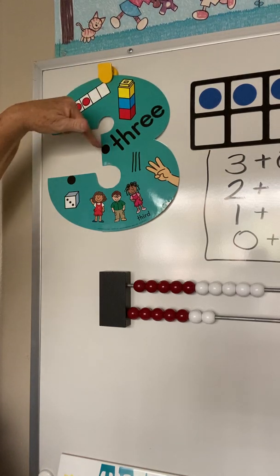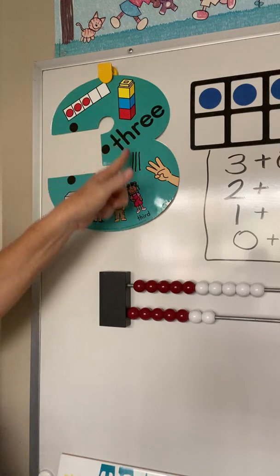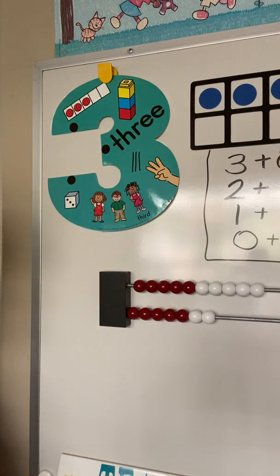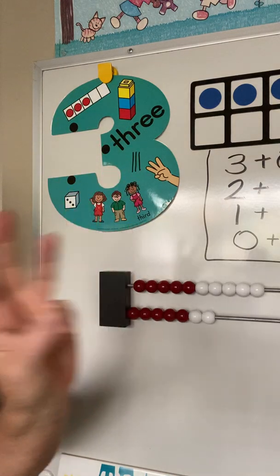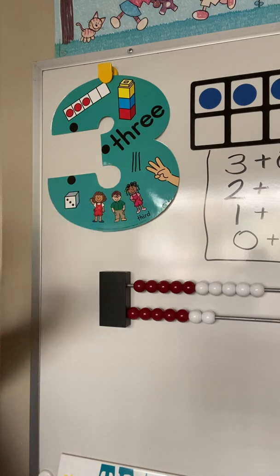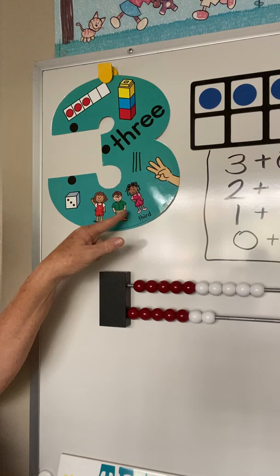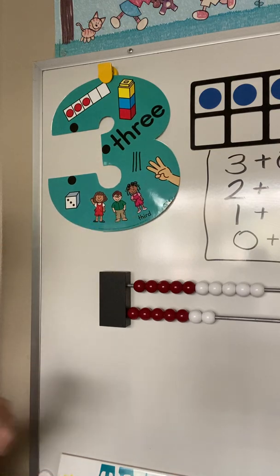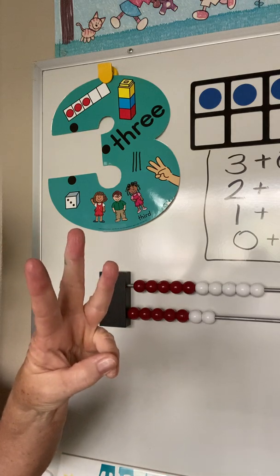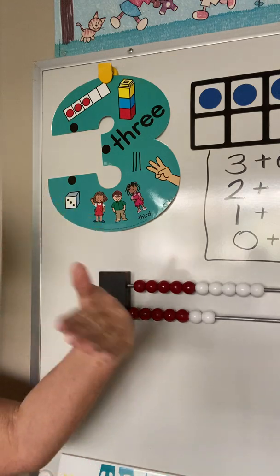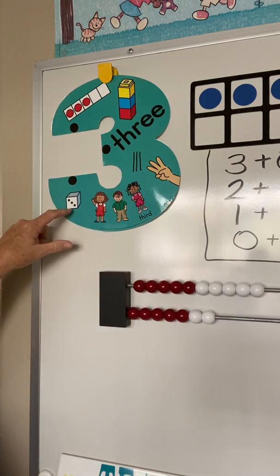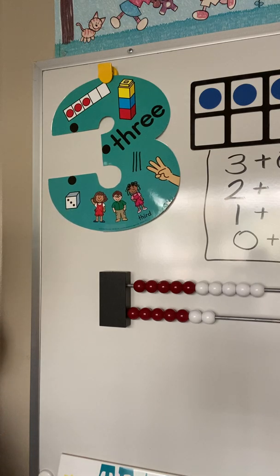This is how you spell 3. 3 tally marks, which we did yesterday in our Zoom meeting. 3 fingers, 3 children. This person is first in line, this person is second, and this person is third. Or you can say you go to first grade, second grade, third grade. It's like counting to 3, but it's positions. And then we have 3 dots on a dice. And that is good, I think, for now for our number talk.